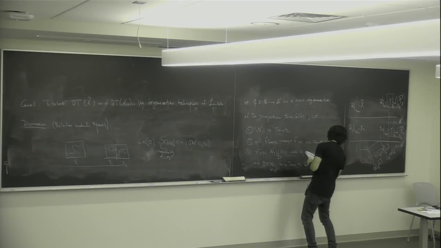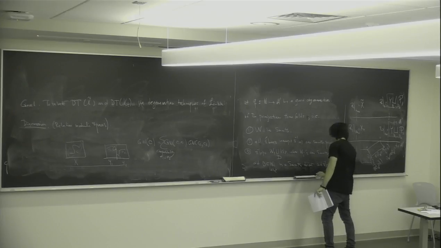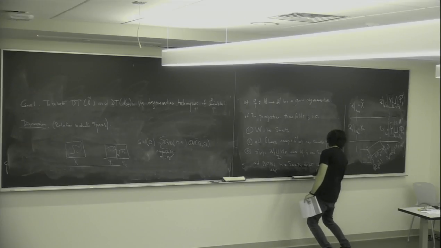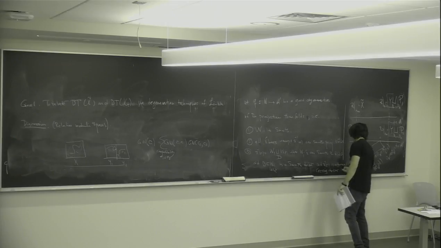And pi inverse of 0 is a normal crossing divisor in the total space of the family, which I call W.